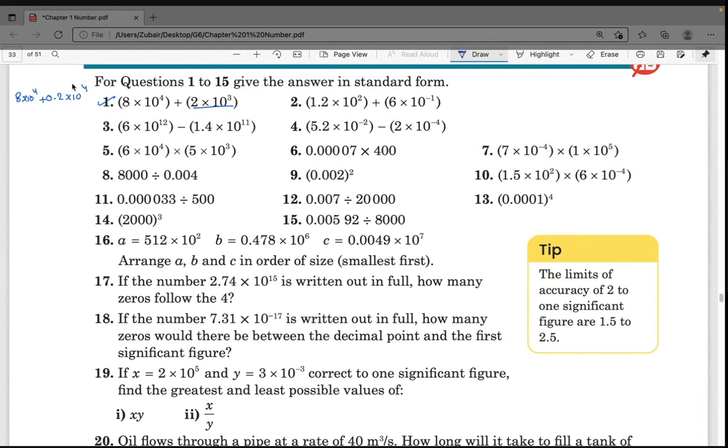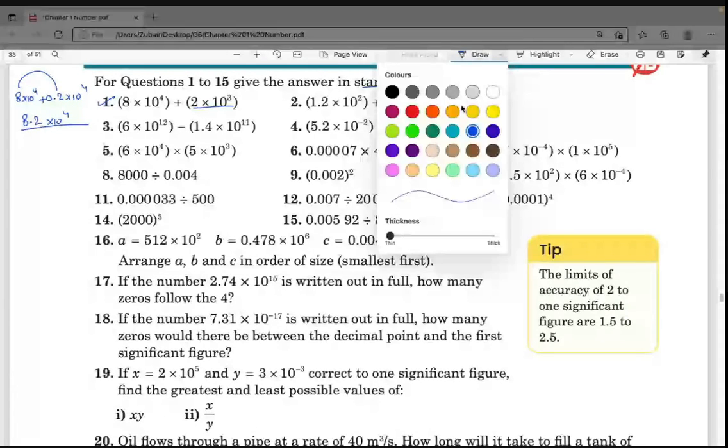Now powers are same, so we can directly add these two numbers. So 8.2 into 10 raised to the power 4. That would be 82,000 if you just simplify it, but we have to keep it in standard form.